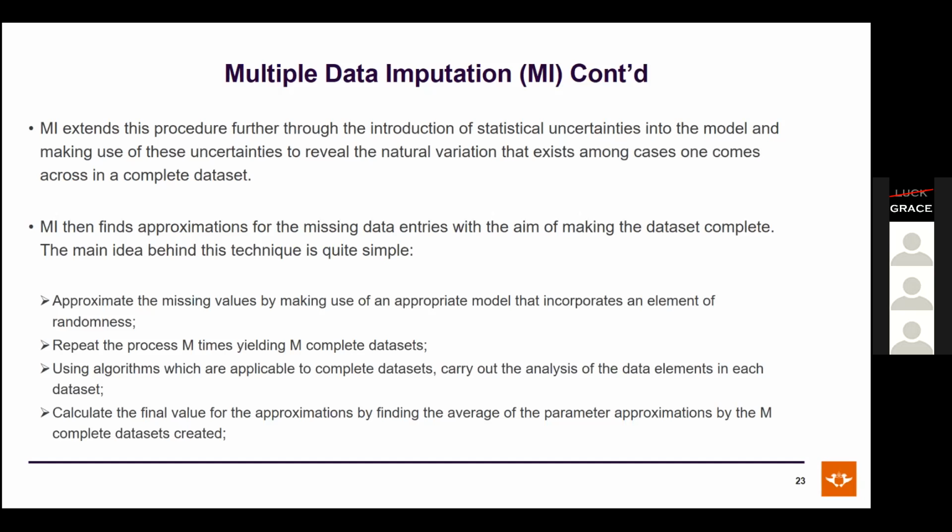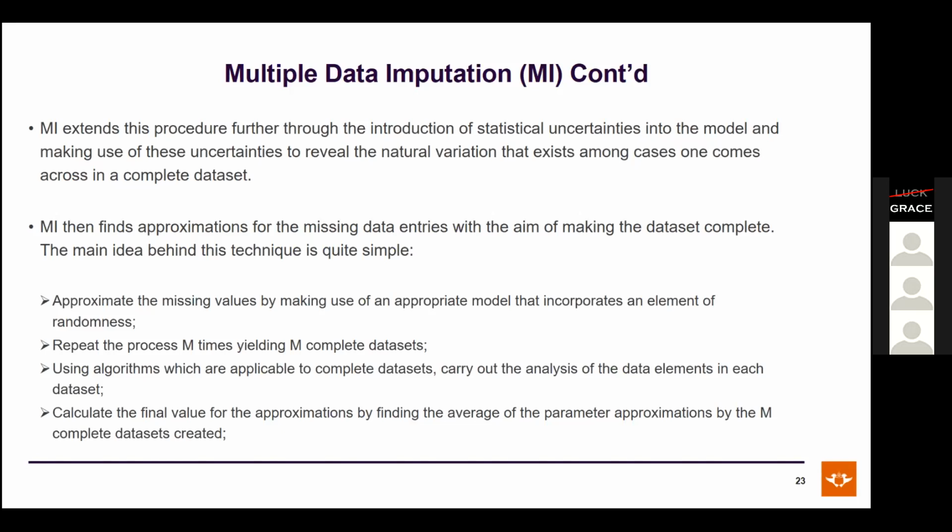Multiple imputation finds approximations for the missing data entries with the aim of making the data set complete, so we don't delete the record. And the main idea behind multiple imputation is to approximate the missing value by making use of an appropriate model that incorporates all the elements of randomness, thus minimizing bias in your estimates.